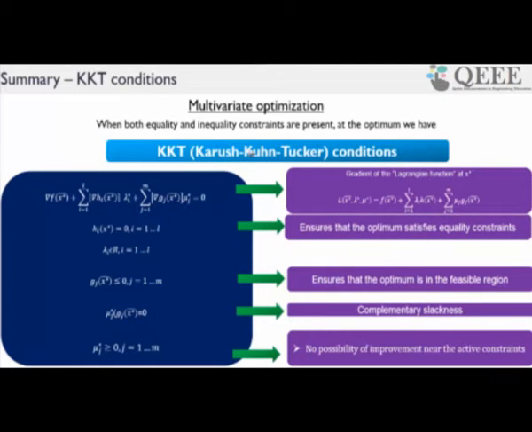This is much more complicated than the simple geometric example that I showed, but basically these conditions ensure that our geometric understanding is codified into math, and when you have many more constraints and the objective function becomes a lot more complicated, you can systematically use these conditions to find the optimum solution for unconstrained and constrained optimization problems.